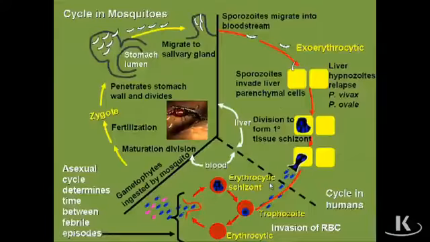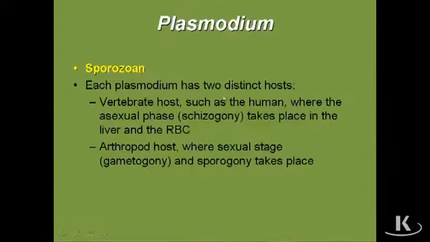All right, so Plasmodium, again, we're talking about something that has an arthropod, not only vector, but there's actually a specific cycle that has to occur in the mosquito, and then a specific cycle that has to occur in the human in order for Plasmodium to really be infectious.